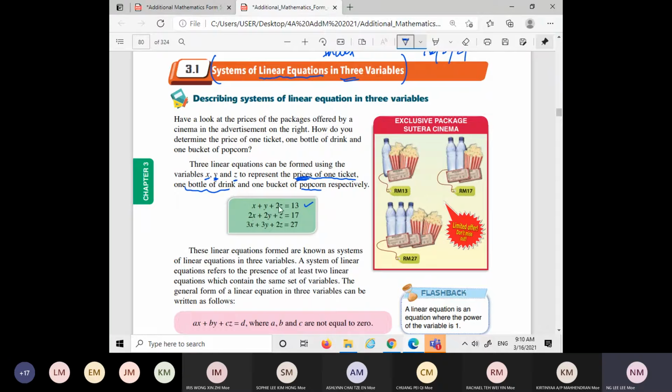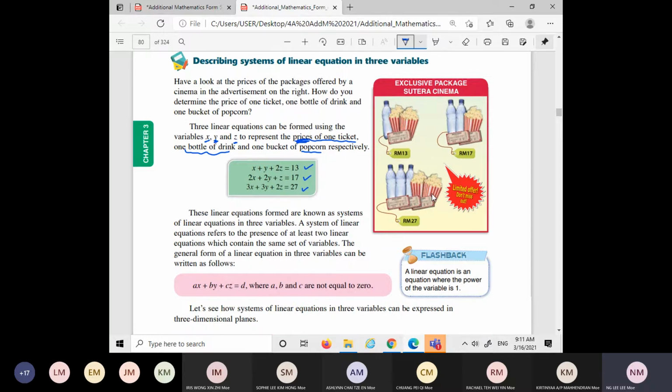Add together you will get 13, which is the total price of all these things. Then you follow the same way to form the second equation from the second package, and the third equation from the third package. Then you have 3 equations. If you are able to solve it simultaneously to get x, y, and z, then you get the answer for the price of 1 ticket, 1 drink, and 1 popcorn.